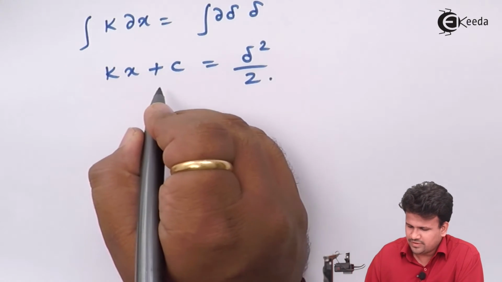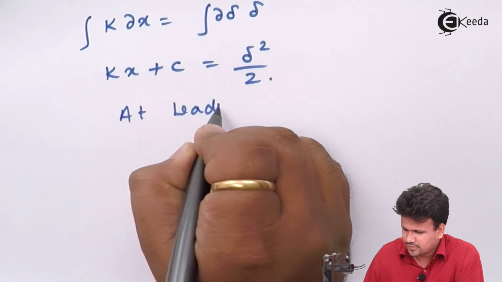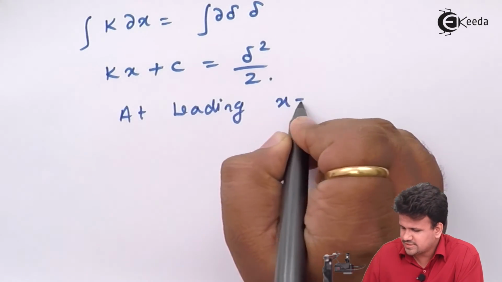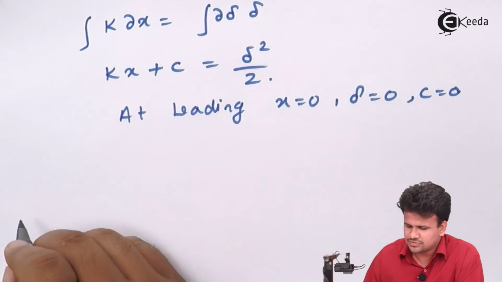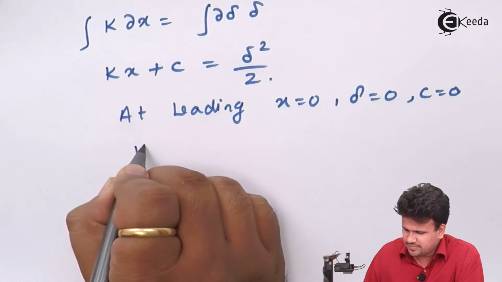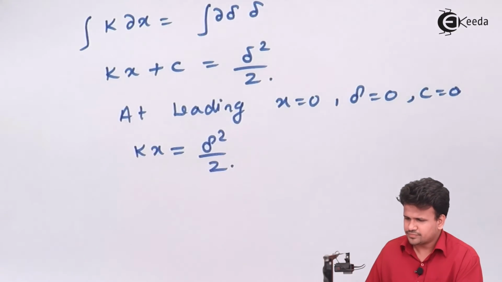So we have got this equation. Now we know that at the leading edge x is equal to 0, delta is equal to 0, so c is equal to 0. So this equation will be kx is equal to delta square by 2.